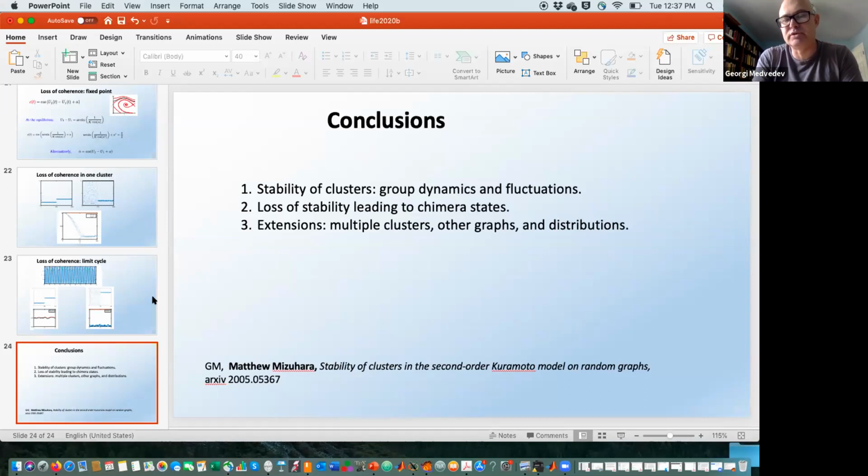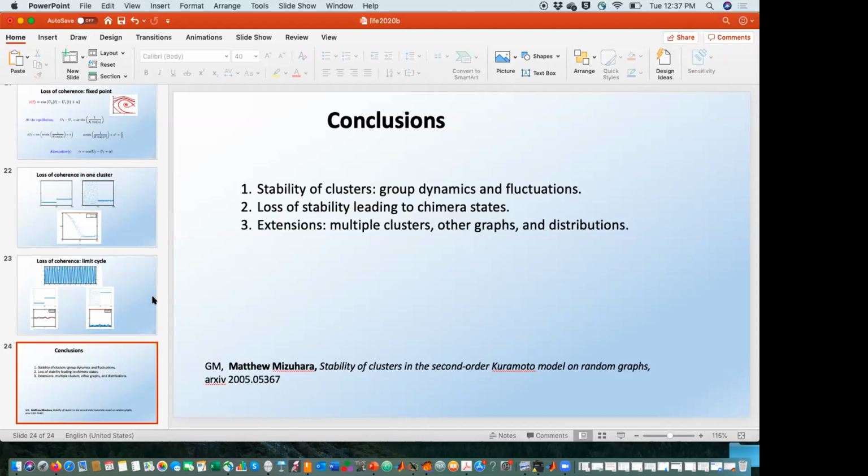But like I said, the model is meaningful as is. You can think of this as a system of coupled mechanical oscillators, and that's how it's interpreted in the context of power grids. Okay. Thank you. Sure.